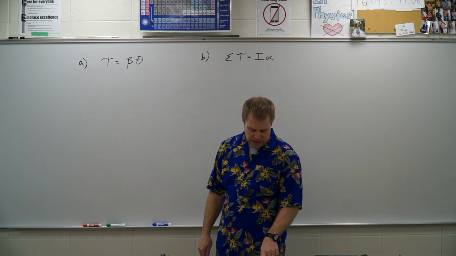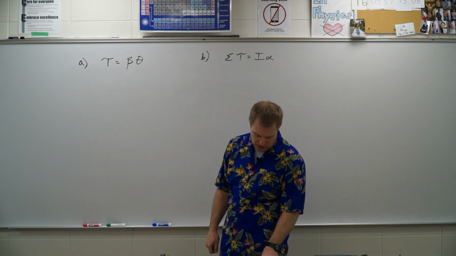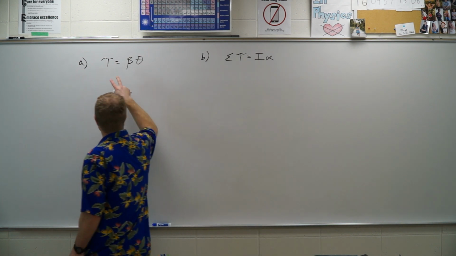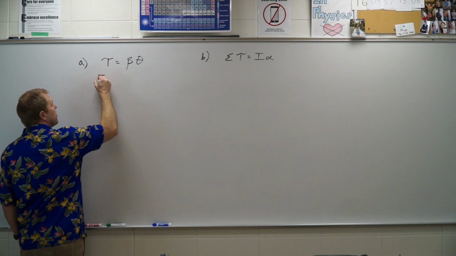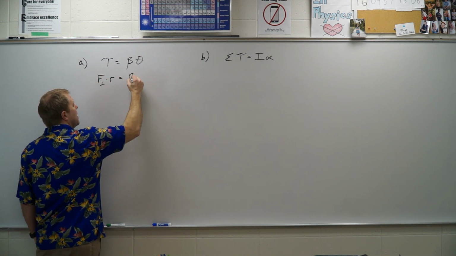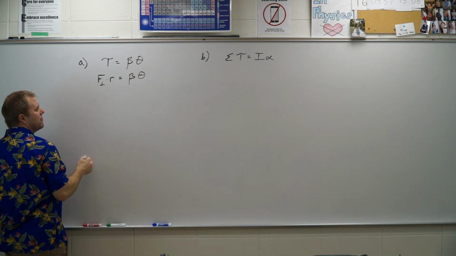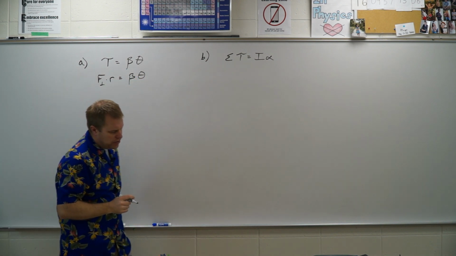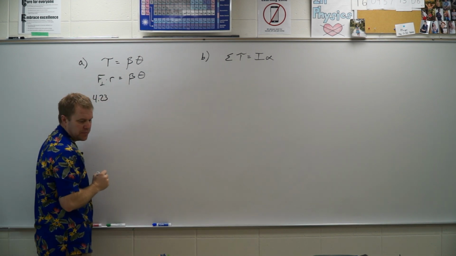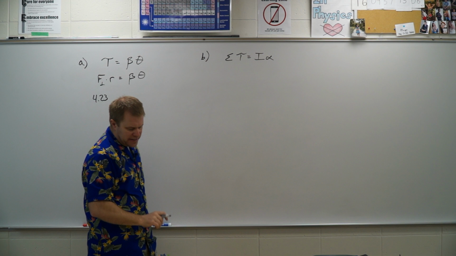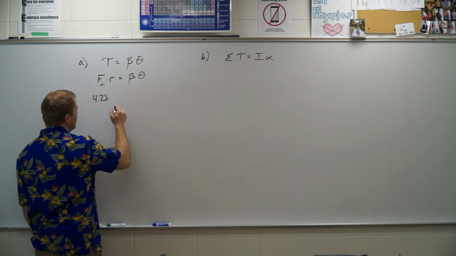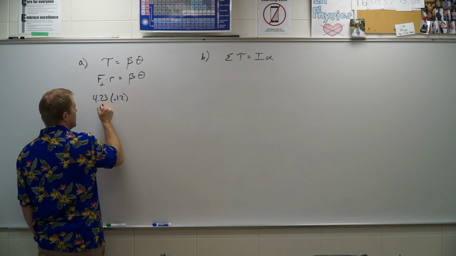Okay, so let's fill out some information here. They are looking for us to find beta. The torque you apply is always going to be your perpendicular force times how far from the axis of rotation you applied it. If I'm solving for beta, I just need to divide by theta. So let's see what numbers we got here. We had 4.23 newtons, and they gave us a diameter of 24 centimeters, so we have to halve that, 0.12.